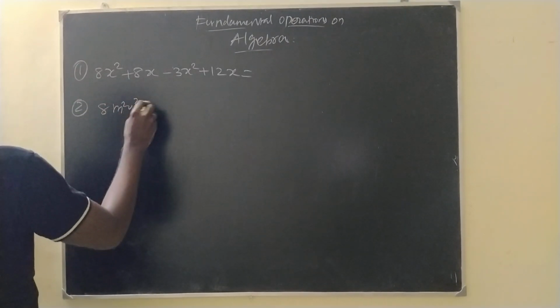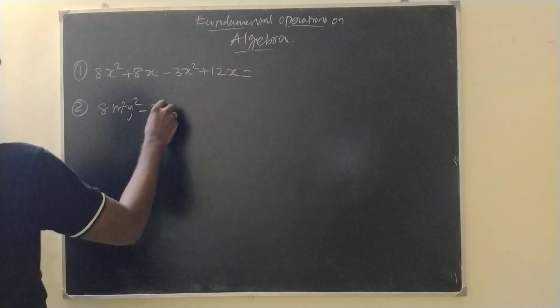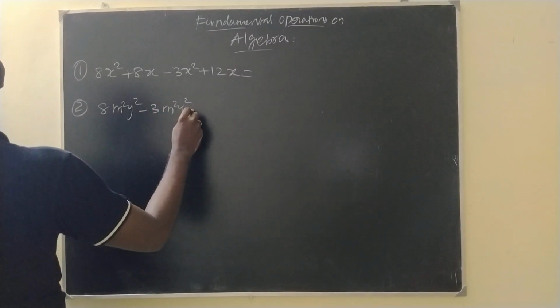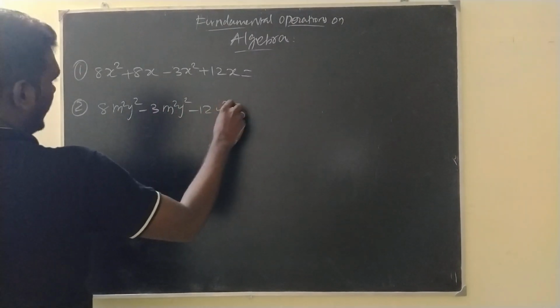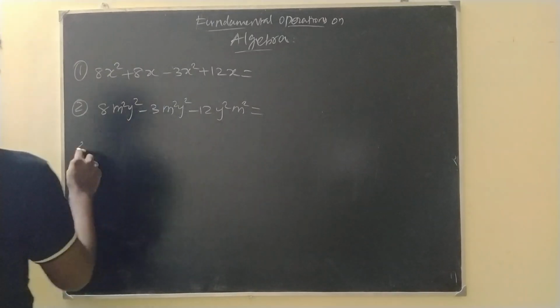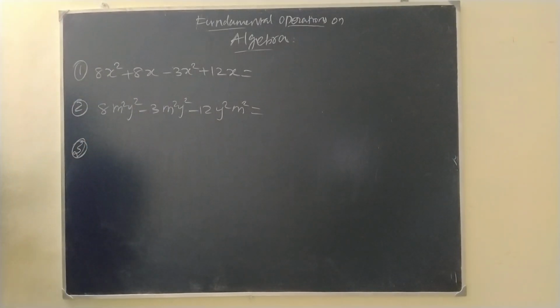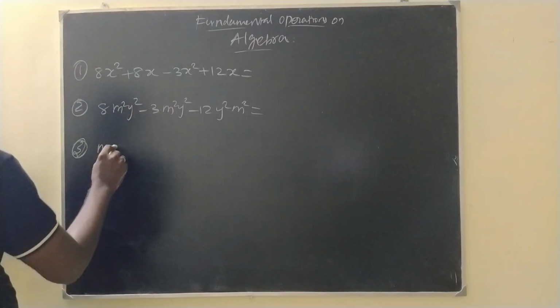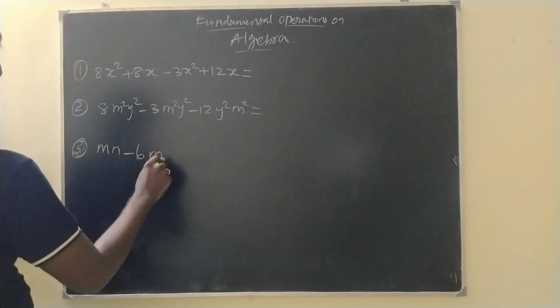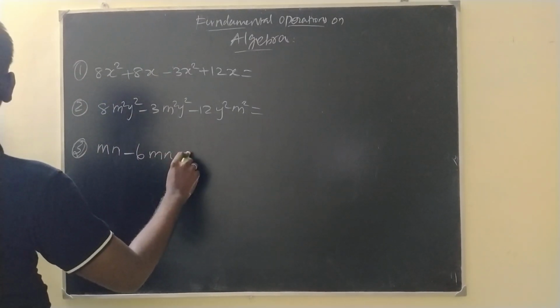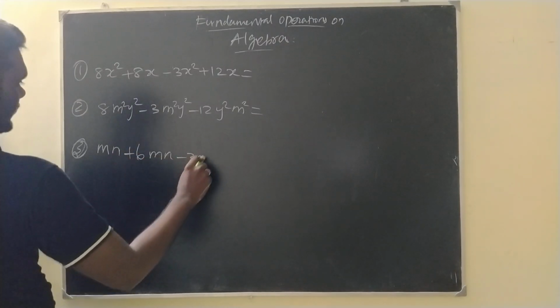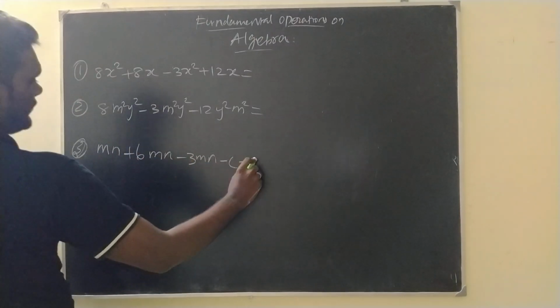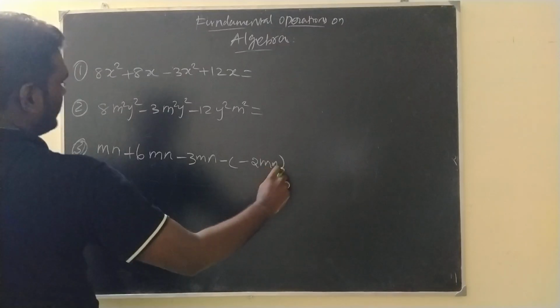Eight m square y square minus 3 m square y square minus 12 y square m square. mn minus 6mn plus 6mn minus 3mn minus of minus 2mn.